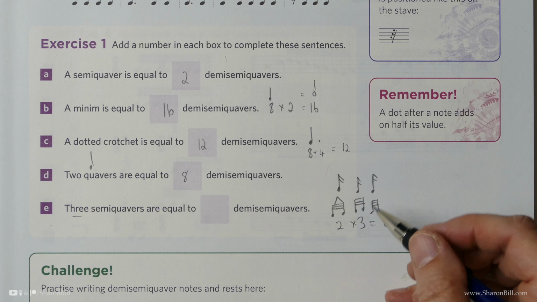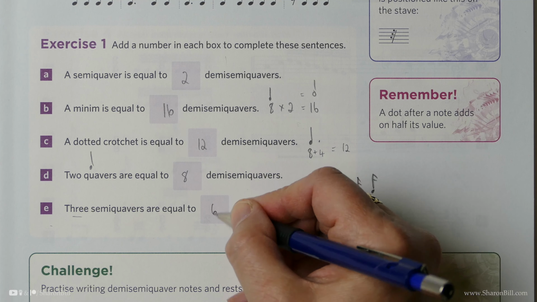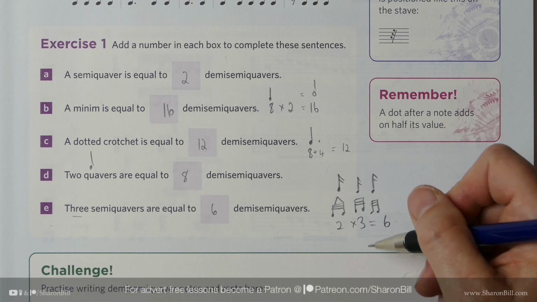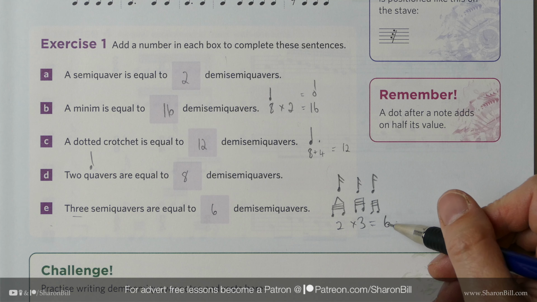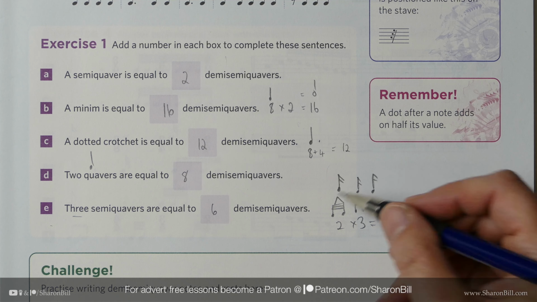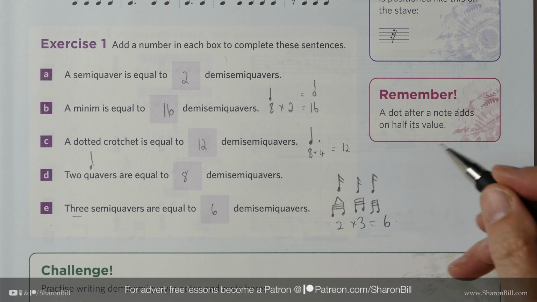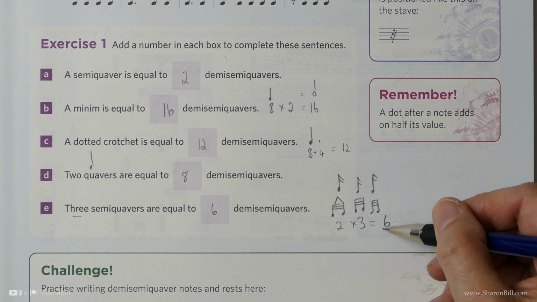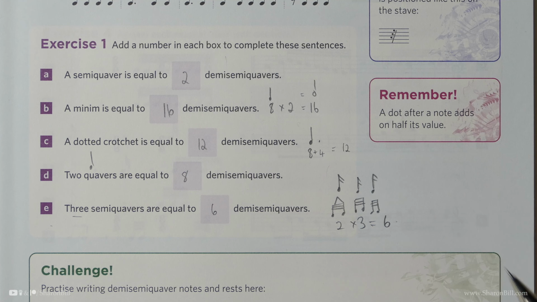So 3 semiquavers are equal to 6 demisemiquavers. So by all means, do get your pencil and a bit of scrap paper and just sketch it out, just get your head around the maths. You can diagram it out, or you can just go about it in a purely mathematical sense.